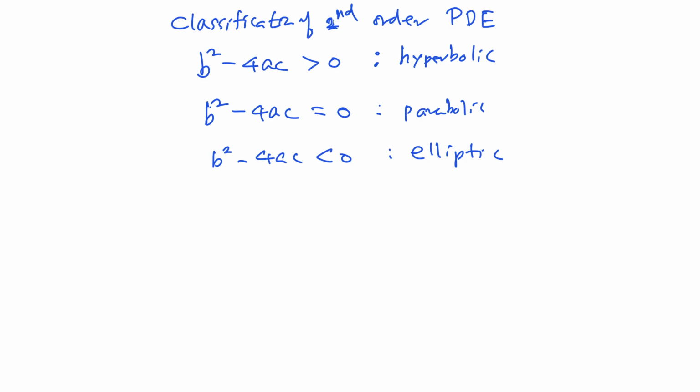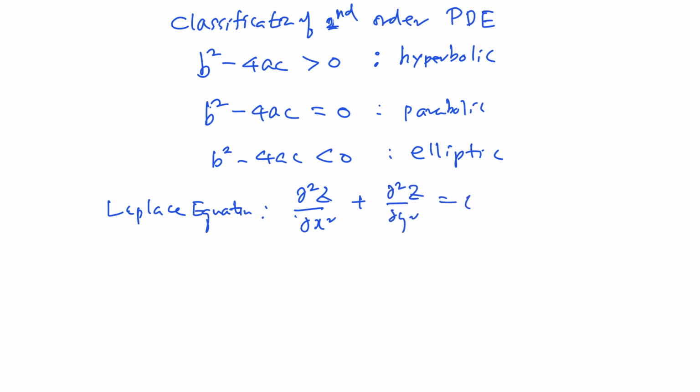For example, the Laplace equation: partial squared z partial x squared plus partial squared z partial y squared is equal to 0.